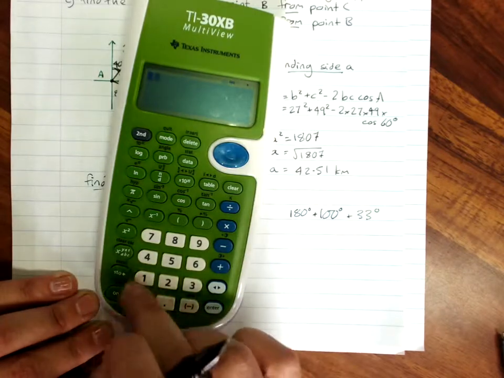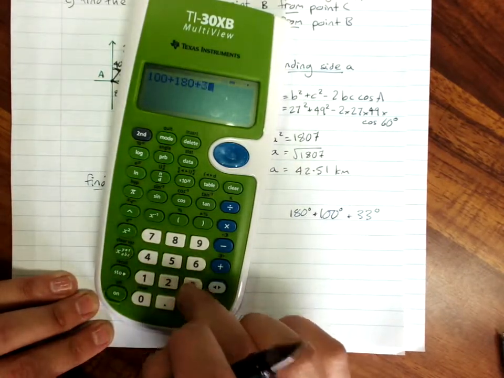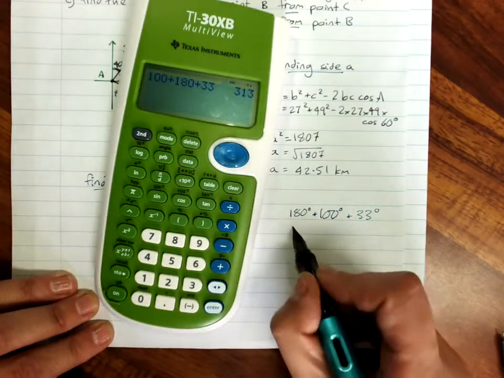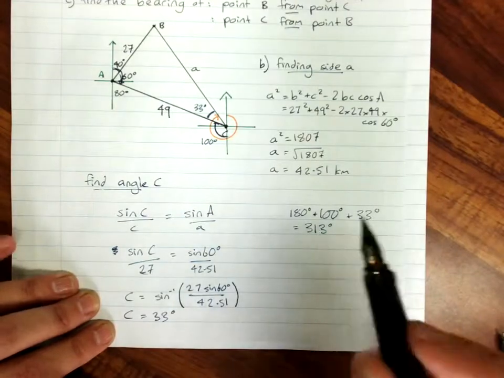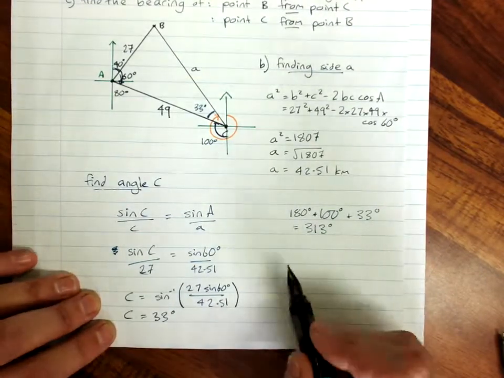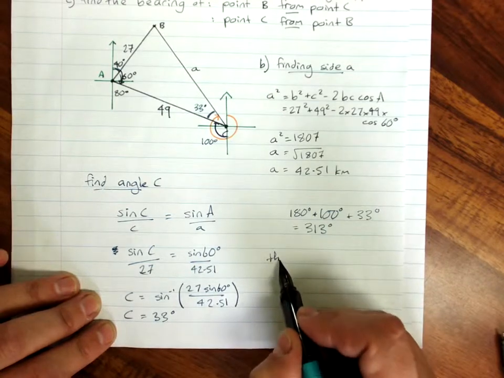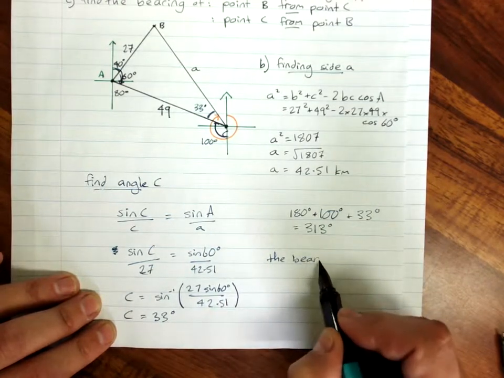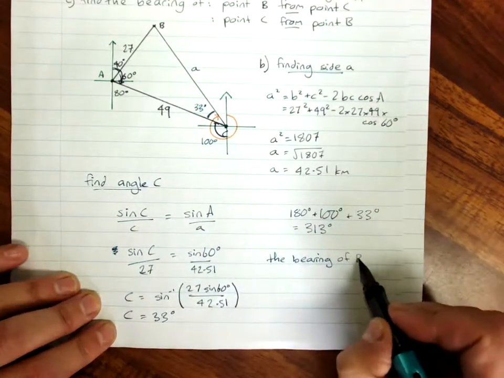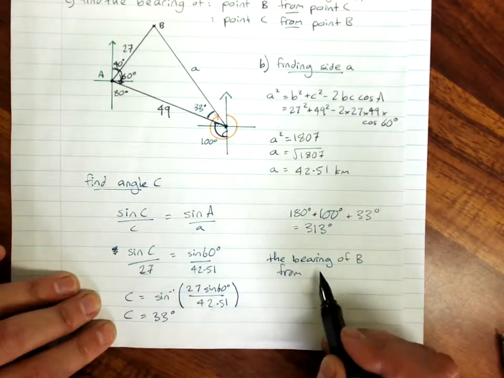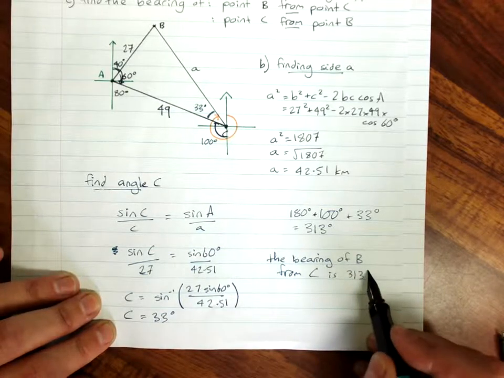So that's 100 plus 180 plus 33, that's 313 degrees. And so your bearing, and you'd write this down as a word answer, the bearing of B from C is 313 degrees true.